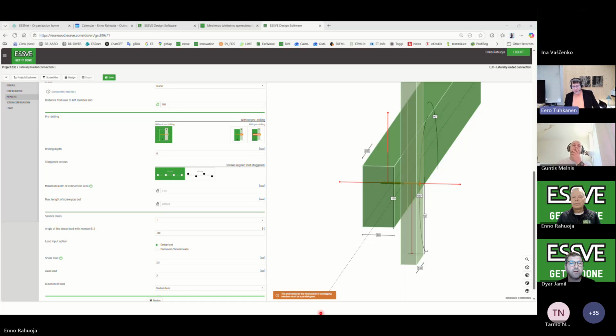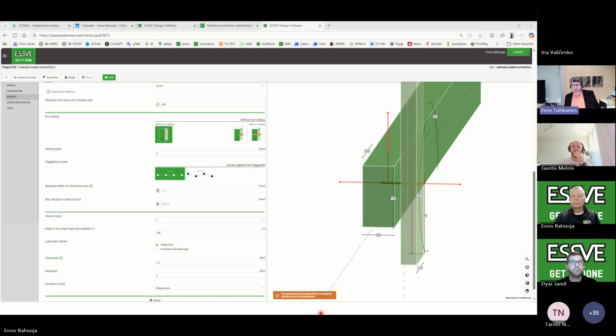Officially it will be implemented, or it's better to say that the old one is ending in 2028, but the new one is already confirmed. I don't know yet if it's available in the EVS. I'm not sure, but it's already there.